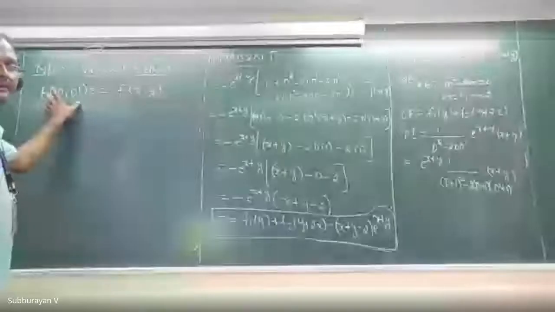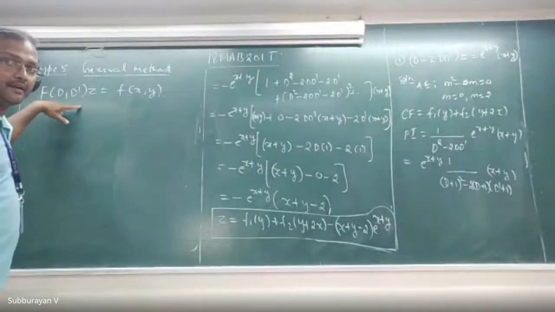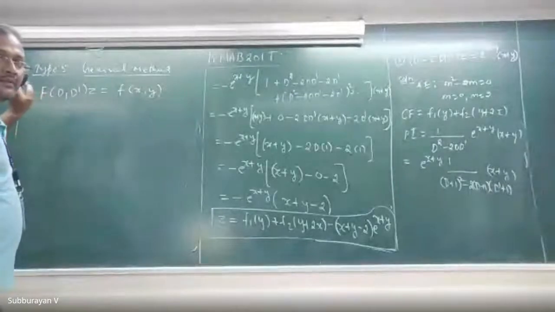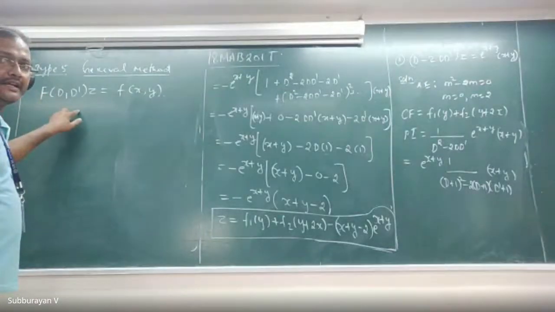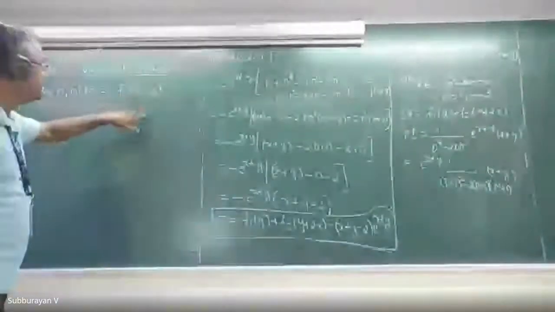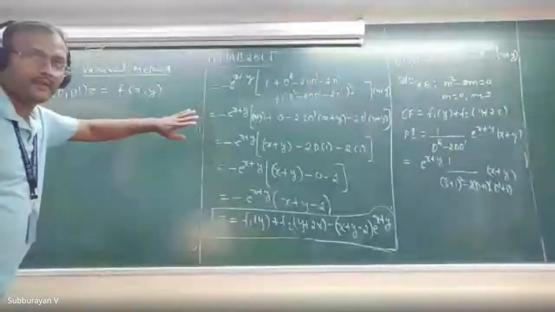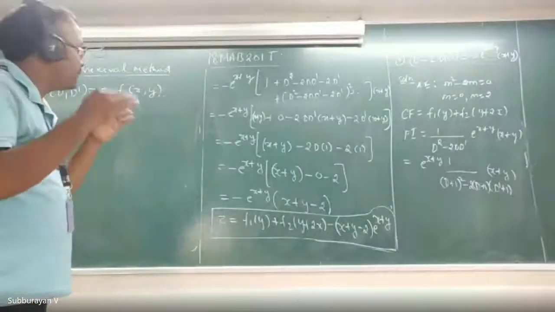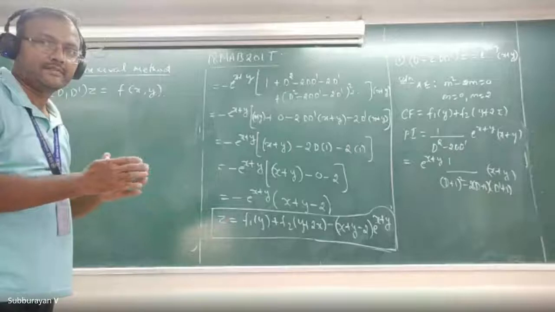Similarly, if this is a third order operator, then there are three products. Say, for example, (D plus m1 D dash) into (D plus m2 D dash) into (D plus m3 D dash) into z equal to f of x comma y. We have to factorize the operator into a product of linear factors.